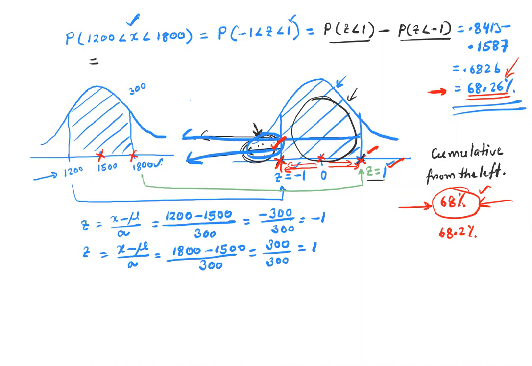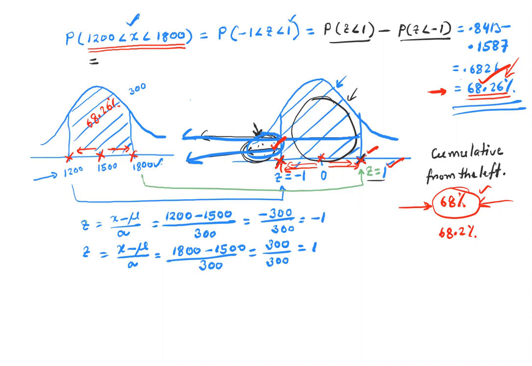Going from 1500 to 1200 is moving 1 standard deviation to the left. So you include approximately 68.26% of the total data. So the probability that a randomly selected person would make between $1,200 and $1,800 in the city of Dhaka is about 68.26%. And that's where it comes from. Now you know the explanation behind it.